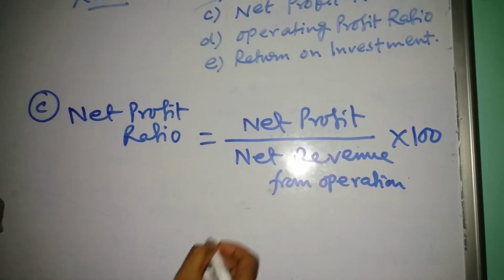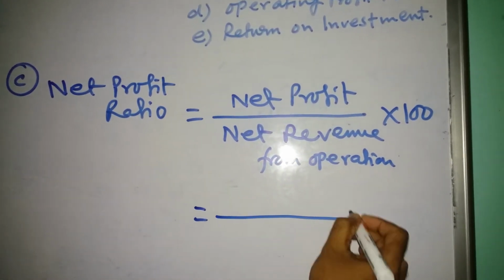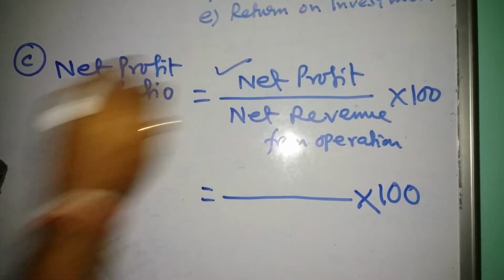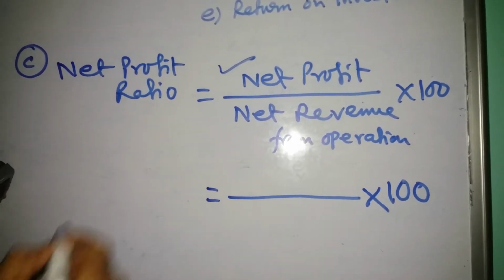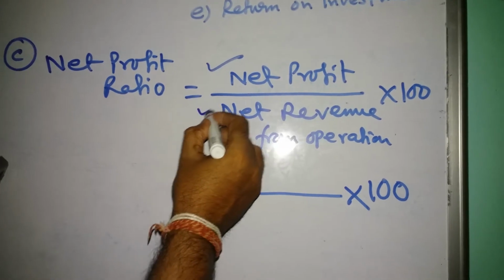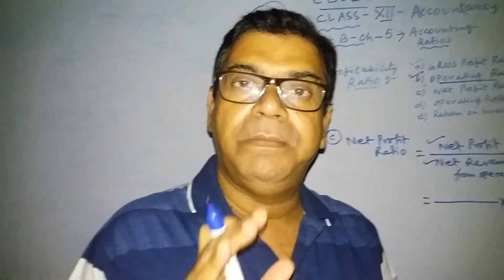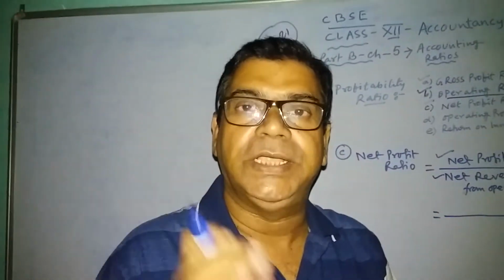That means we need net profit and we need net revenue from operation. Net revenue from operation, we know, is cash revenue from operation plus credit revenue from operation minus revenue return.